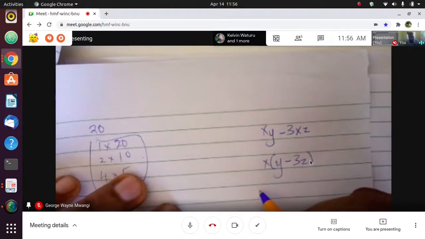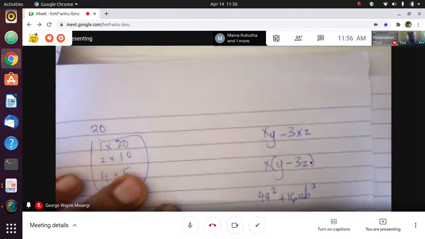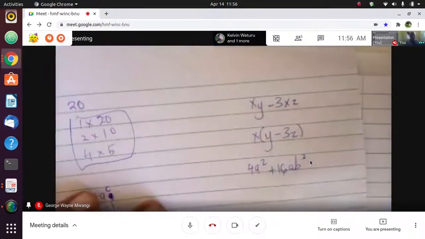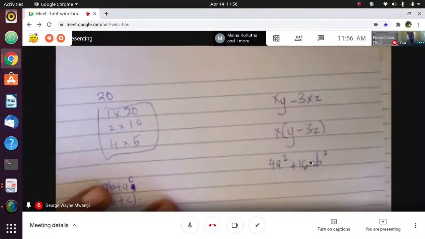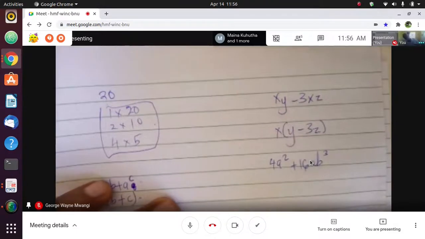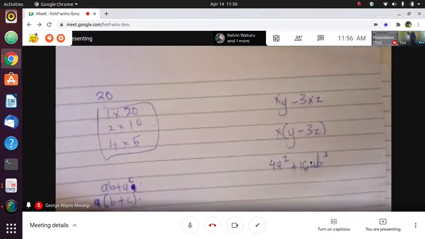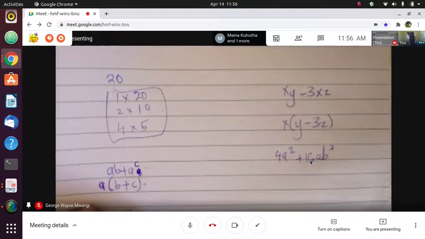Let's do this. 4a squared plus 16ab cubed. Factorize.